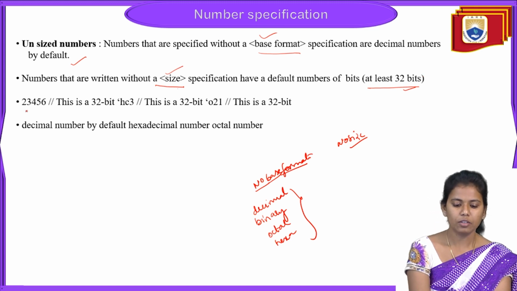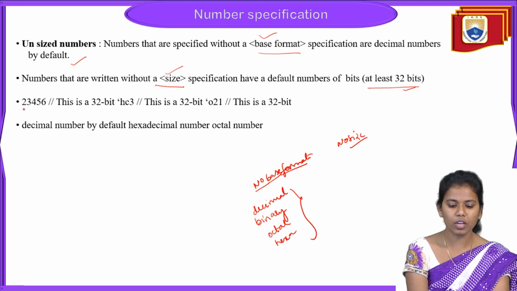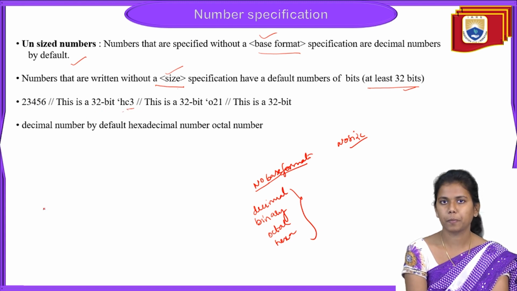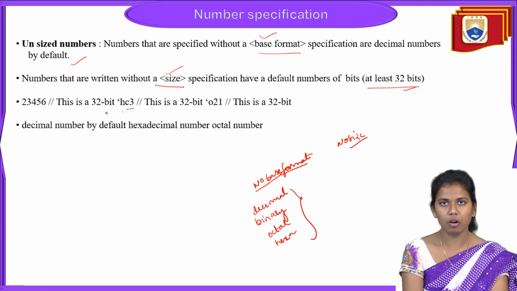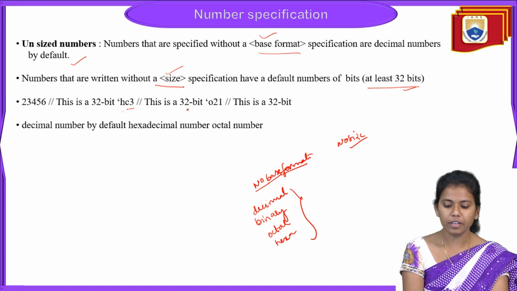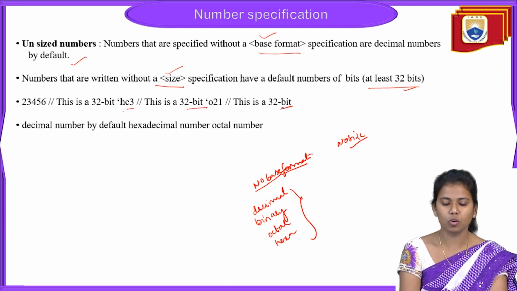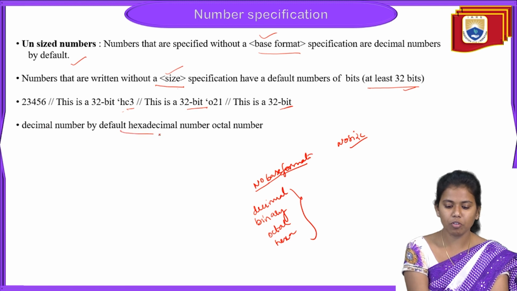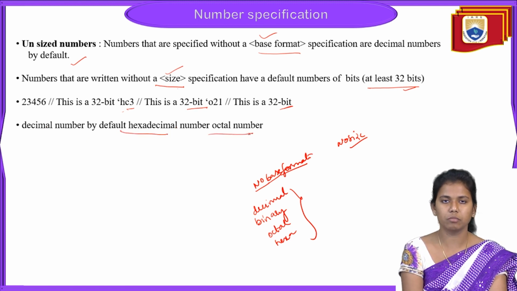For example, 23456. If you observe this number, this could be a 32-bit hexadecimal number. In another form, we can write a 32-bit octal form and a 32-bit decimal form.